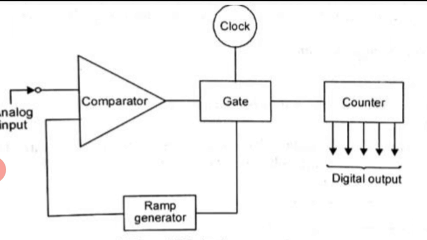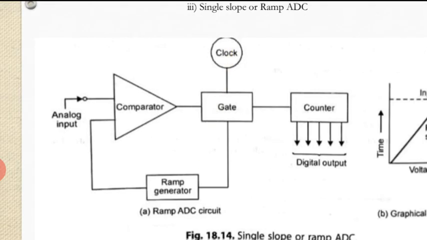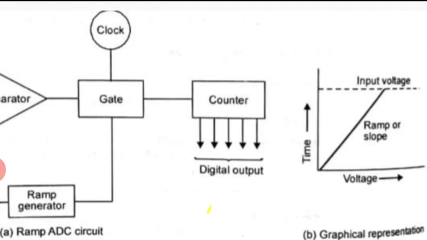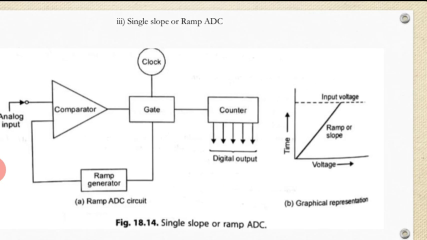When the two voltages, the ramp voltage and the analog input, are equal, the gate closes and the word indicated by the counter is the digital representation. So the counter gives the digital output, the digital representation of the sampled analog voltage.